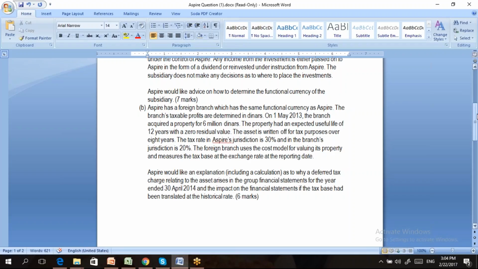So when they acquired the property on 1st May 2013 for 6 million dinars, what is the entry you will put? On your accounting base, you will put a cost of 6,000 dinars and you will convert it at the rate of 5, because that is the rate on the day that we bought. 6,000 divided by 5, it will appear at 1,200.